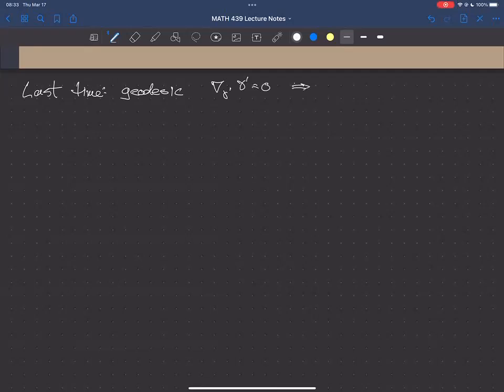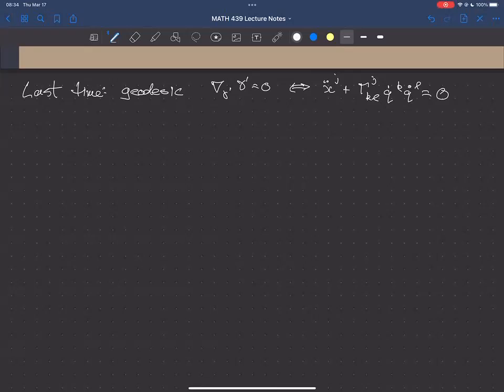And we saw that in coordinates, this amounts to a differential equation that looks like so. We looked at a very elementary example, namely the plane R2 with its standard Euclidean Riemannian metric, and the geodesics for that are straight lines.